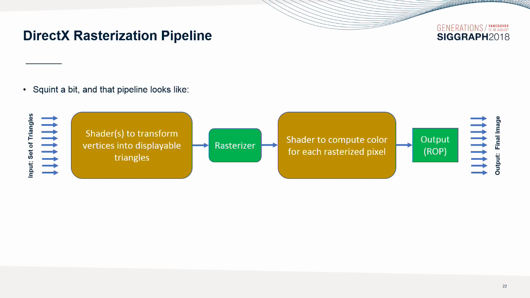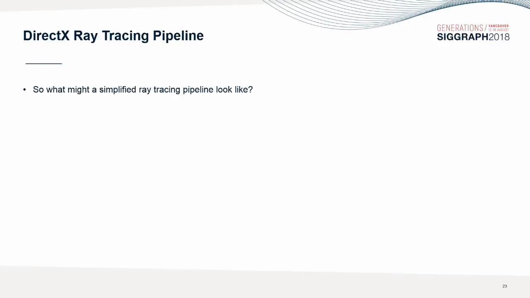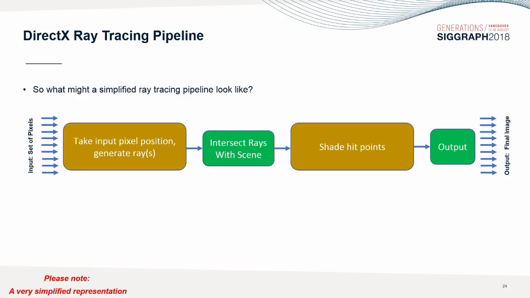If you think about that, you could phrase ray tracing in a similar way. So what might this similar ray tracing pipeline look like? Again, this is a very simplified representation. If you squinted, you might want something like this: you take a set of pixels as input, you run some code to generate rays, to figure out what rays correspond to what pixels.